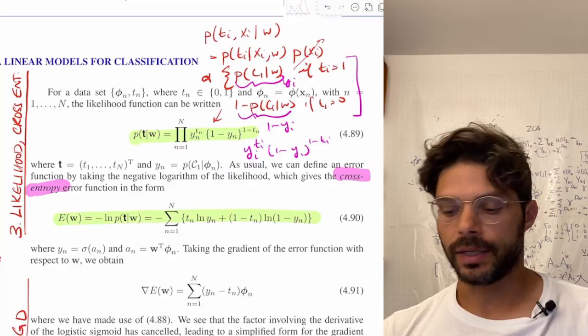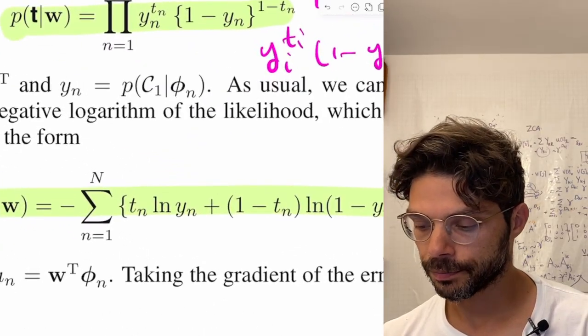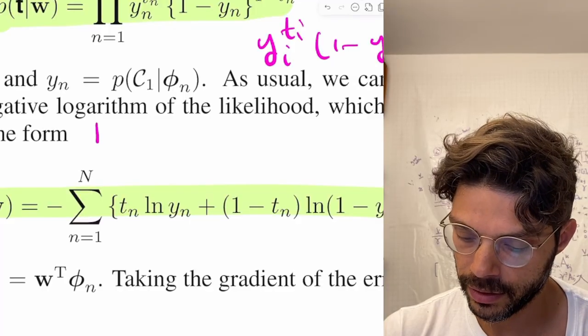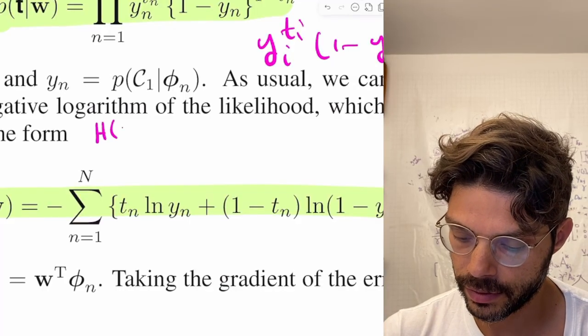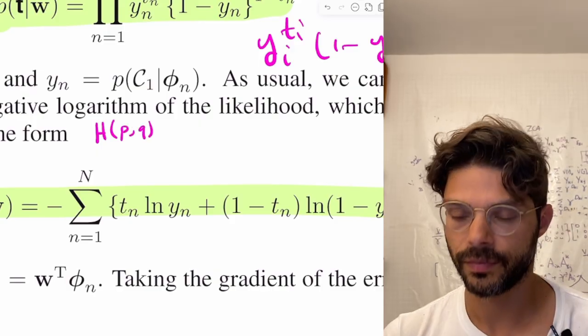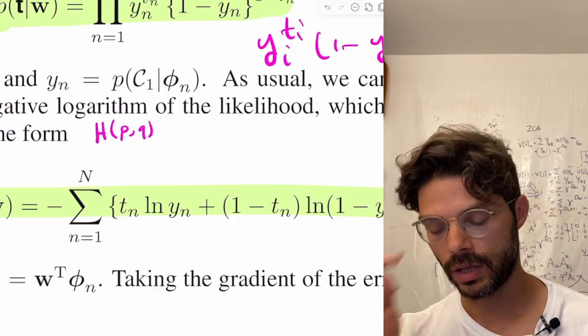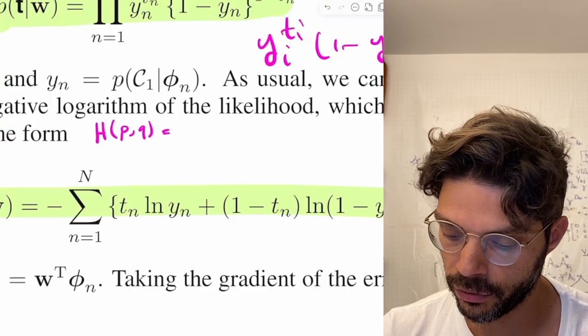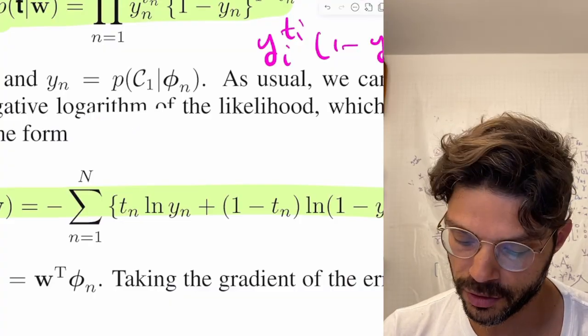So first of all, why is it called the cross entropy? The cross entropy relates to probability mass functions. Let's start with the entropy first.